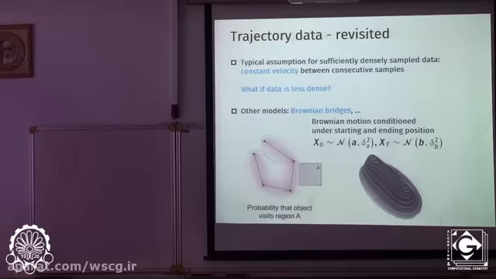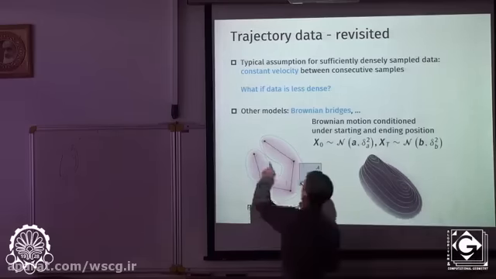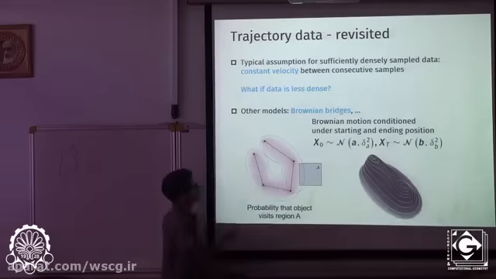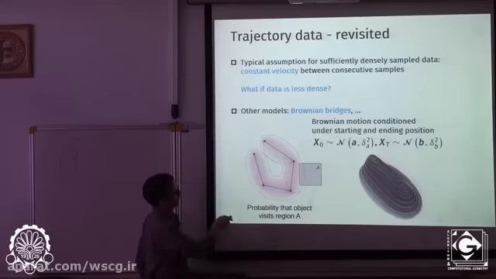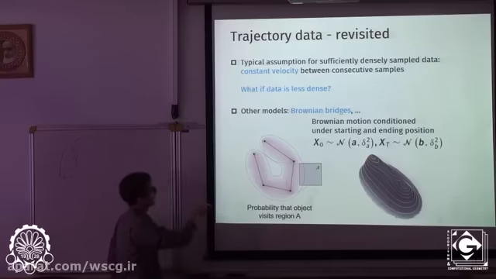And this now allows us also to look at problems like this. So let's assume this is my very sparse trajectory. I want to know whether this area was visited. In gray, this is supposedly the actual trajectory, maybe.